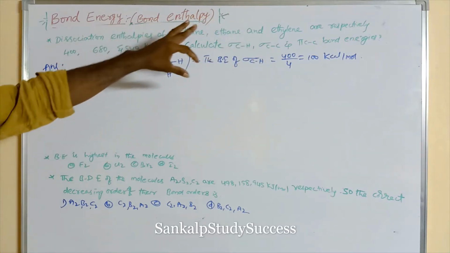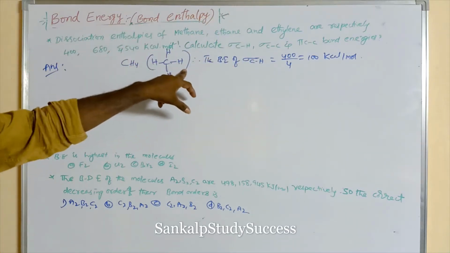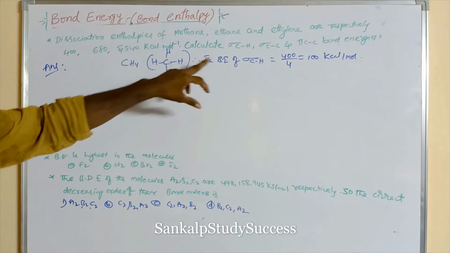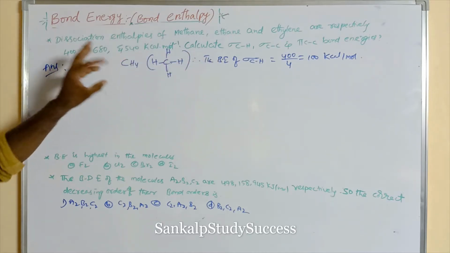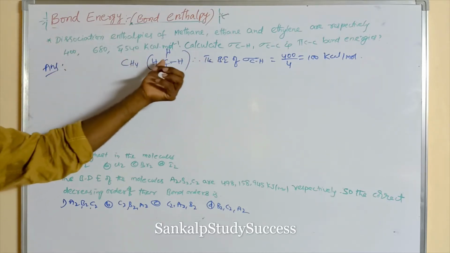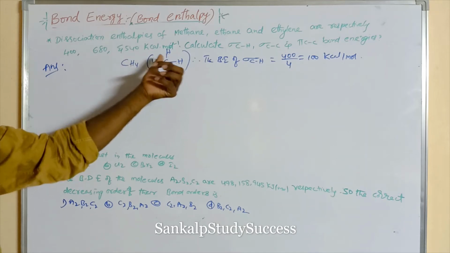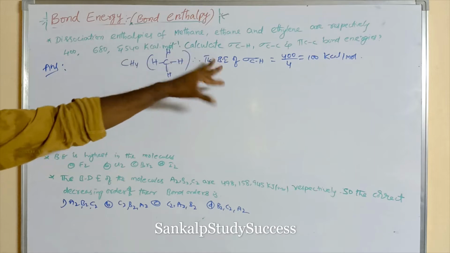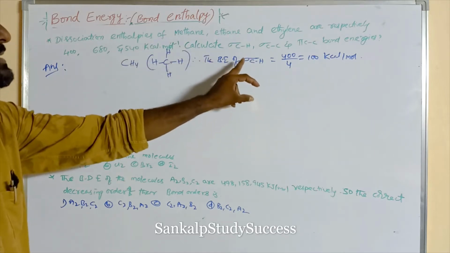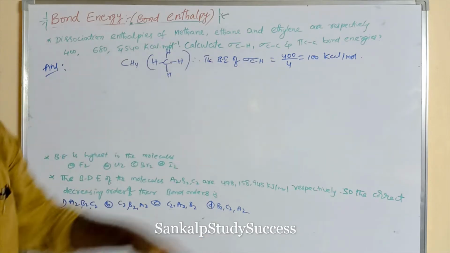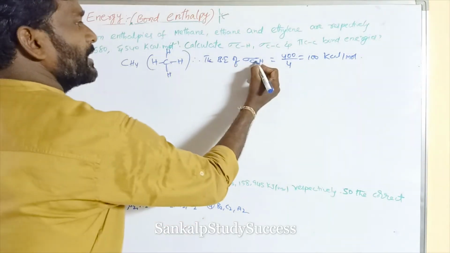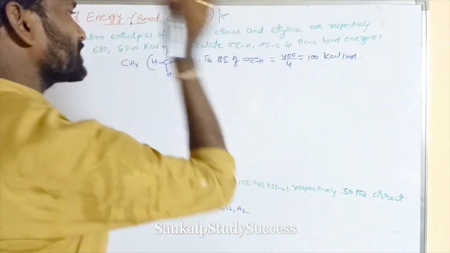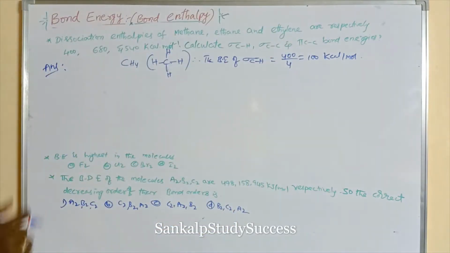The bond dissociation enthalpy of methane, 400, is for 4 sigma C-H bonds, but we want one sigma C-H bond, which is 400 by 4, so 100 kilocalories per mole.